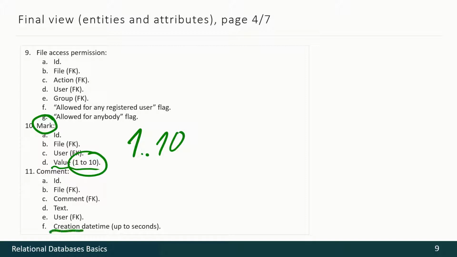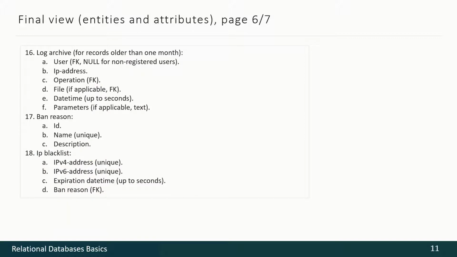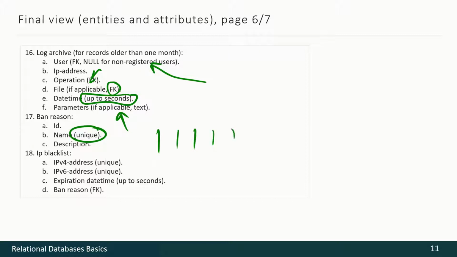Or for creation time we have time up to seconds. And of course date. And so we have date time here up to seconds. We've mentioned information about null values for those attributes that may be nullable. So at almost any attribute you see some comment about foreign key, about data range, about uniqueness, and so on and so on and so on.